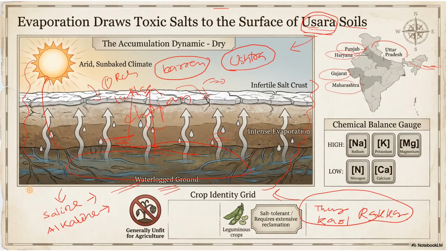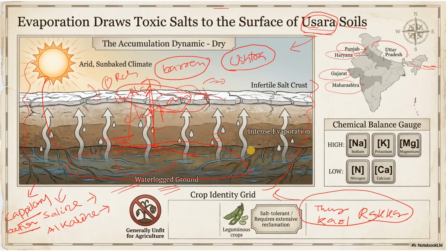You have to remember one word here, that is capillary action. With the capillary action, when the water evaporates, it leaves the crust with the salts. So the underground water evaporates and the salts remain there itself.